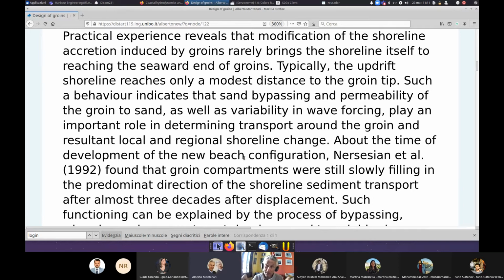You always have some permeability because you may get waves that reach a wave height higher than the height of the top of the groin, and therefore you have some water basically mounting on the top of the groin and passing on the other side, which brings sand with it. So there is the combined effect of permeability and sand bypassing that you should always take into account.